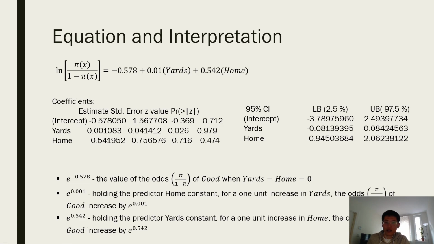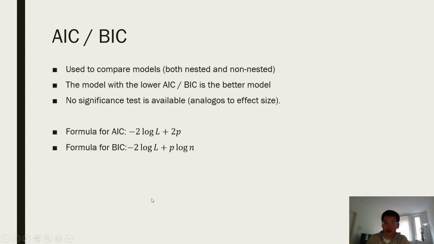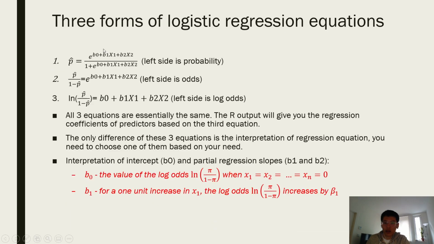When we are using probability terms, you say holding the predictor home constant, for 1 unit increase in yards, the probability of this is increased by, and you need to calculate it like here.